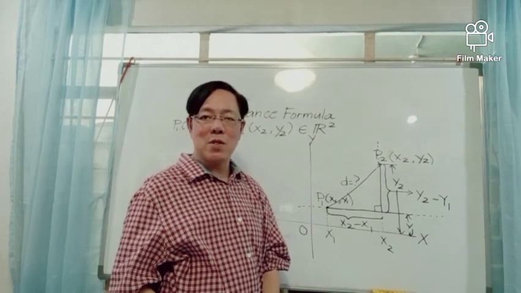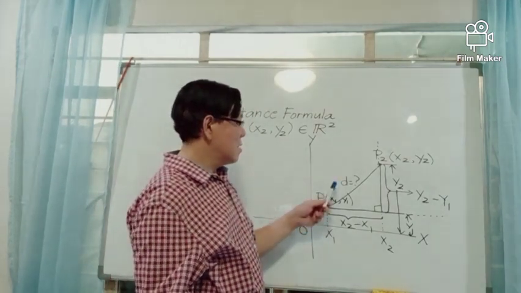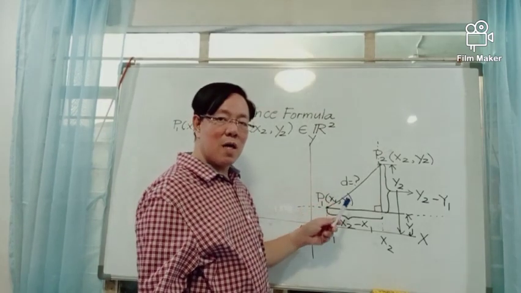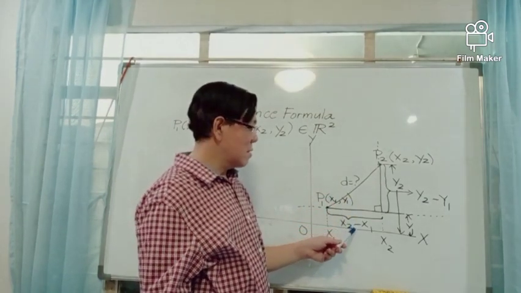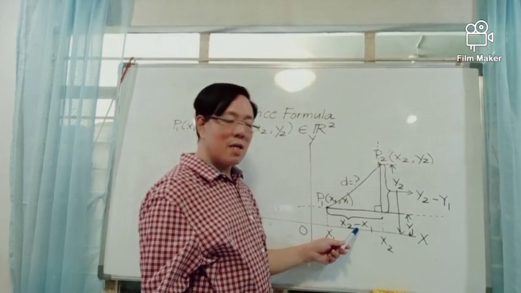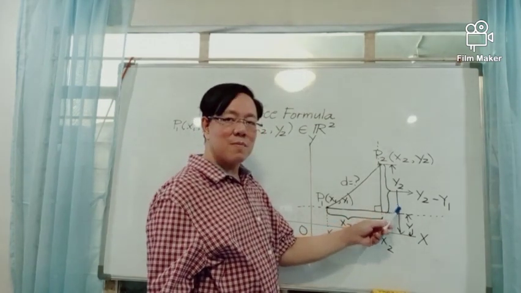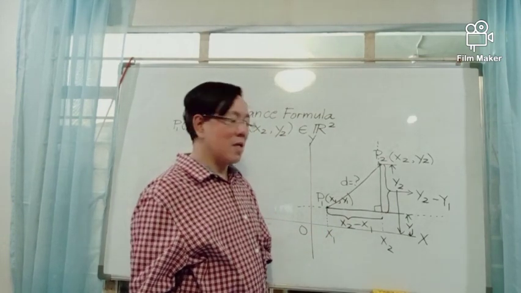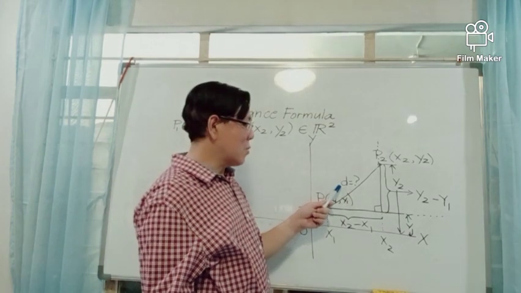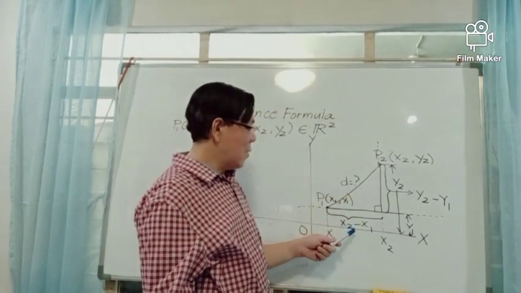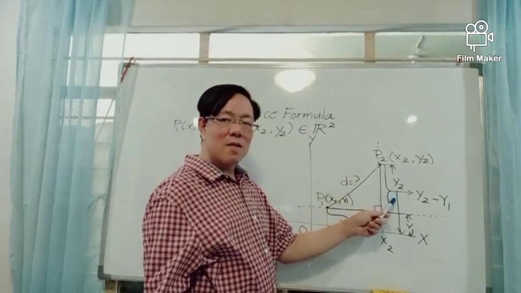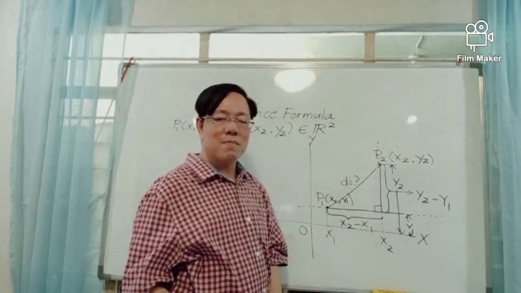And the Pythagorean theorem says that the square of the hypotenuse is equal to the sum of the squares of the lengths of the legs of the right triangle.